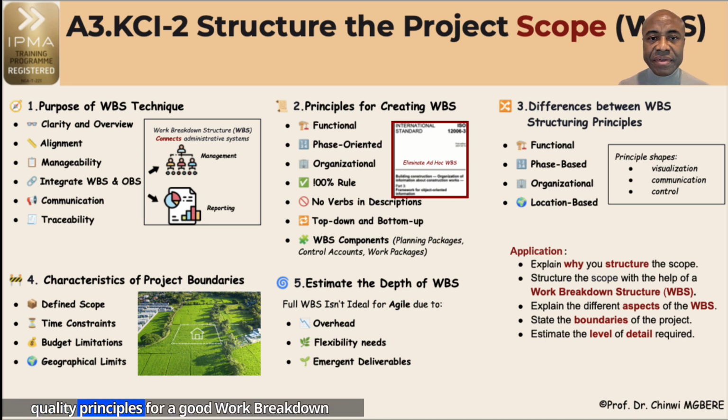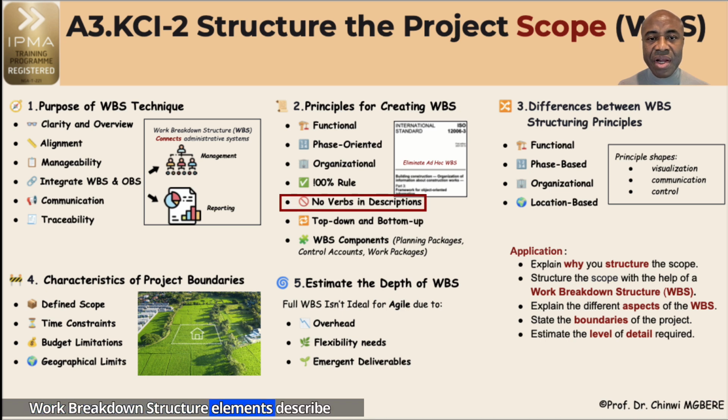Quality principles for a good work breakdown structure include the 100% rule, where the total scope of all subcomponents, children, must equal 100% of the parent deliverable. This prevents scope creep and ensures completeness.